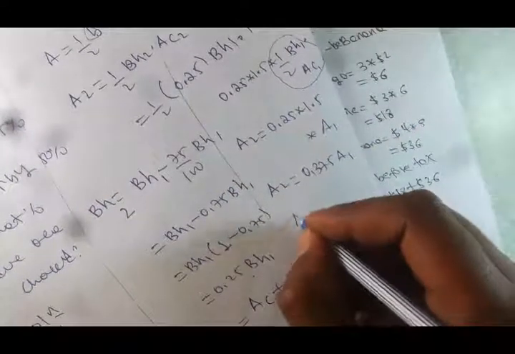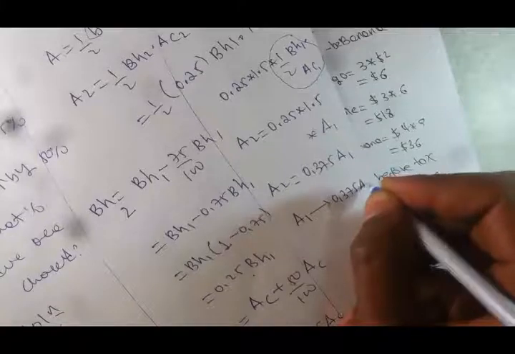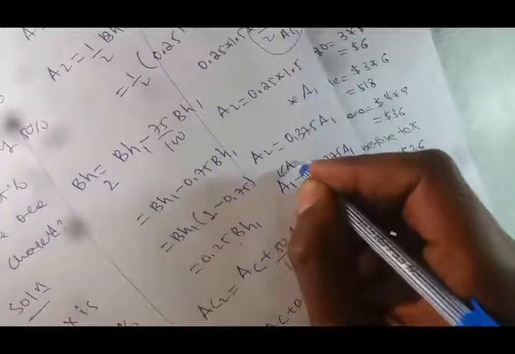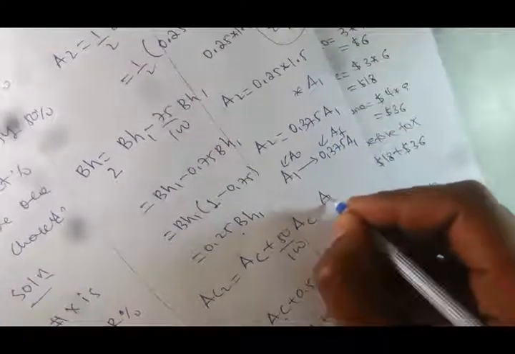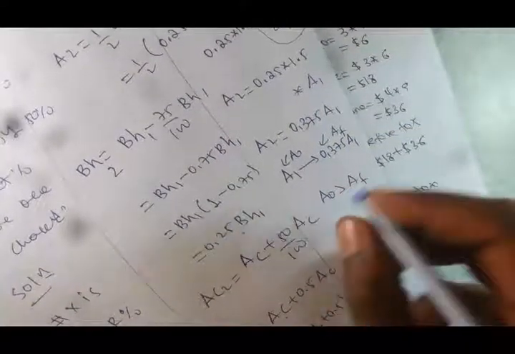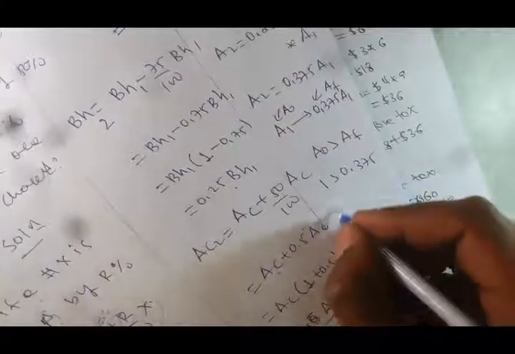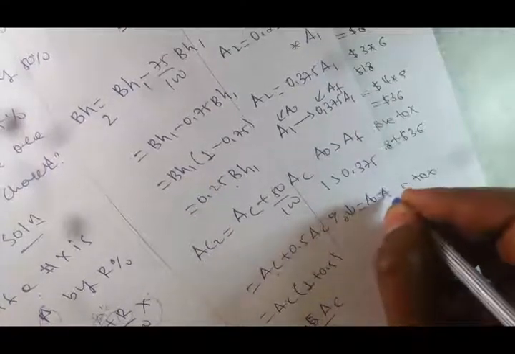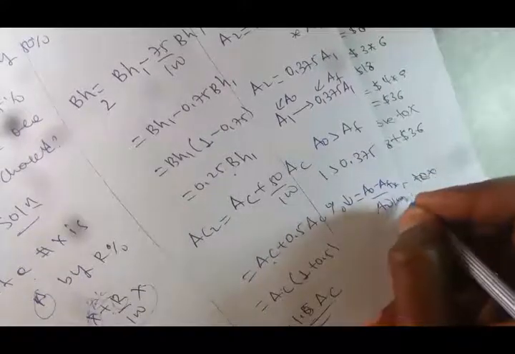So we have to compare A1 with 0.375 times A1. This is our initial value AO, and this is our final value AF. In our case, AO is greater than AF because 1 is greater than 0.375. There will be a percent decrease. We have the formula AO minus AF over AO times 100%.